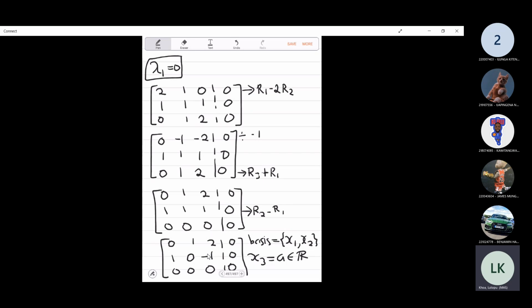Then we can solve for, okay, I think I made a mistake here. Is that right? 1, 0, 1, 2.